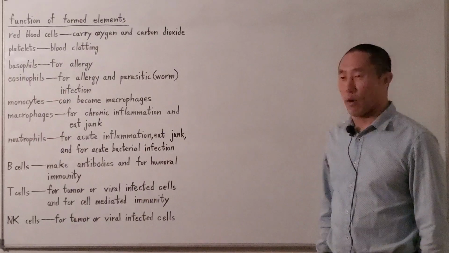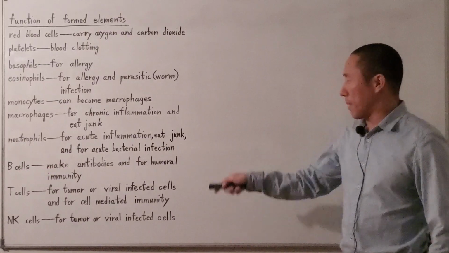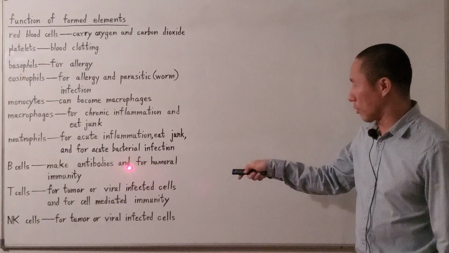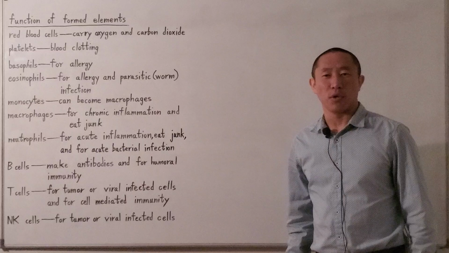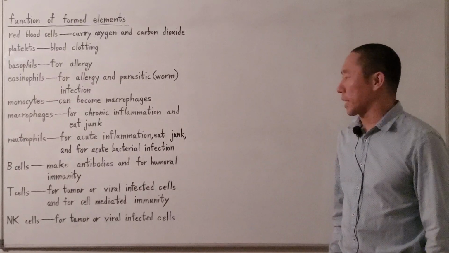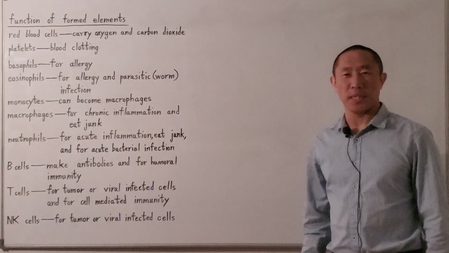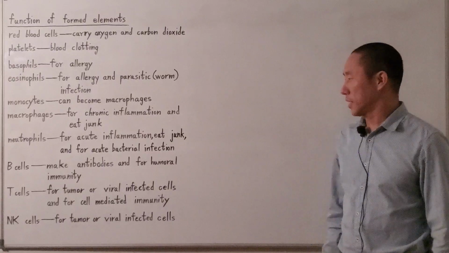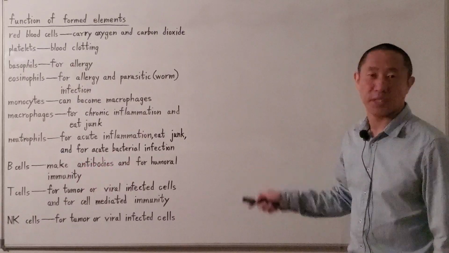Okay, now let's talk about B cells. B cells make antibodies, and B cells are important for humoral immunity. So how can we remember that B cells make antibodies? We say it like this: B cells make antibodies.